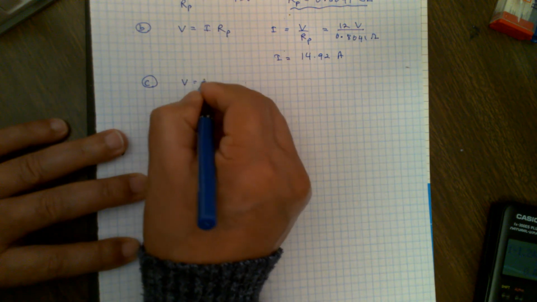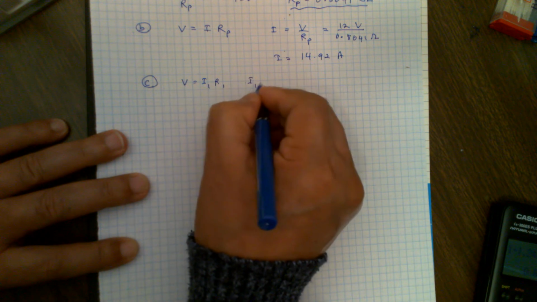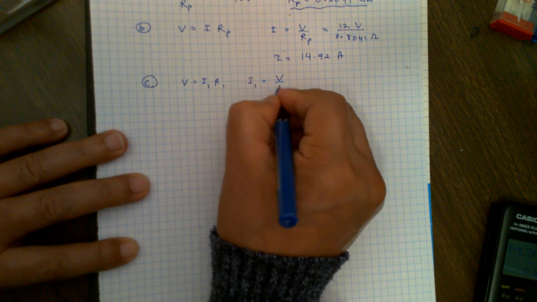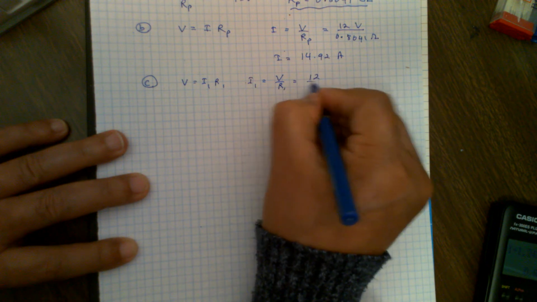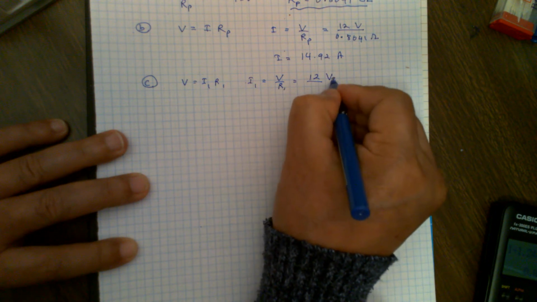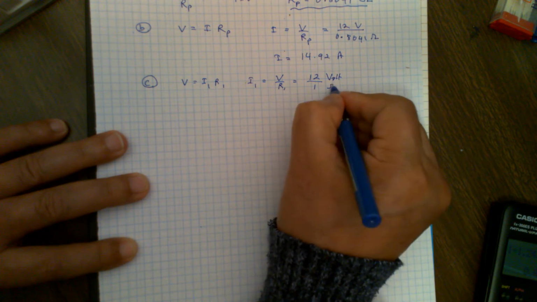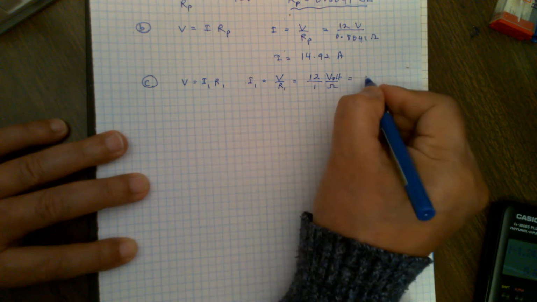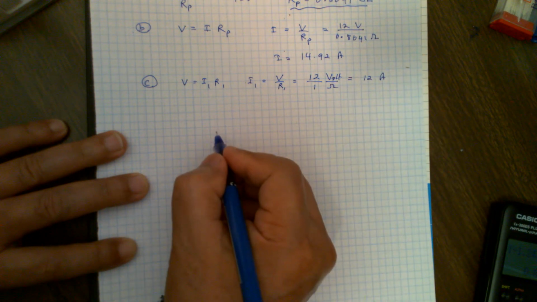V is equal to I1 R1, so I1 is equal to V by R1. I can find that. V is 12 volts, and R is 1 ohm, so the answer is 12 amperes. That's I1.